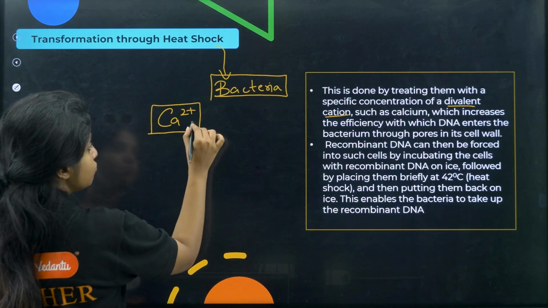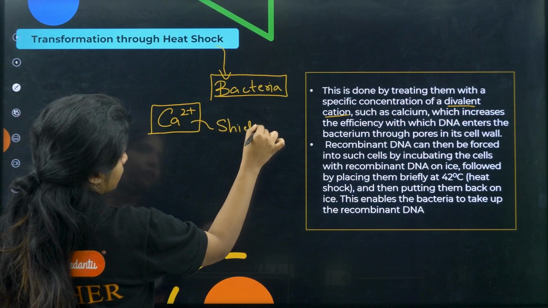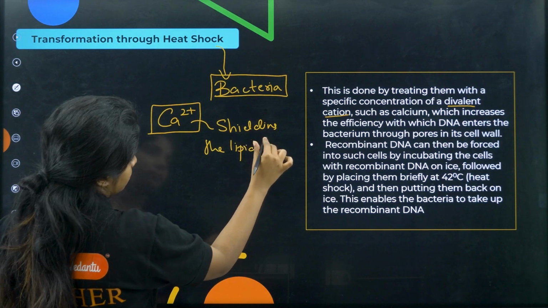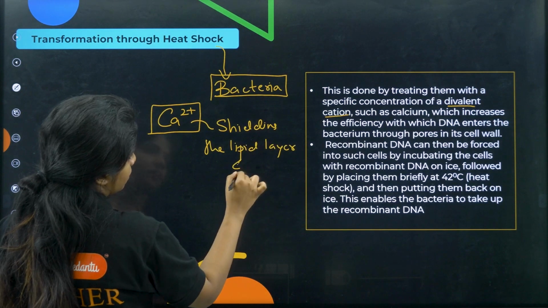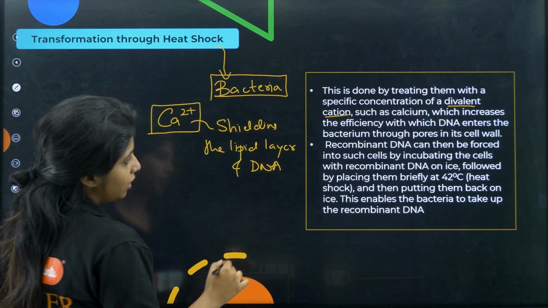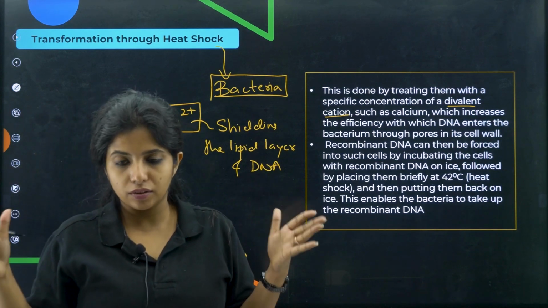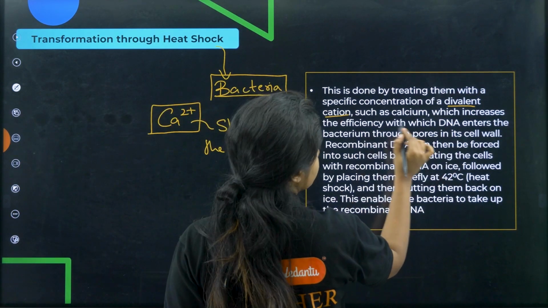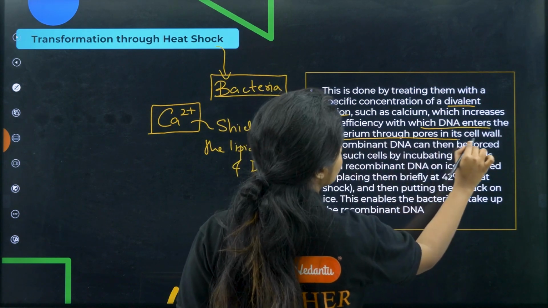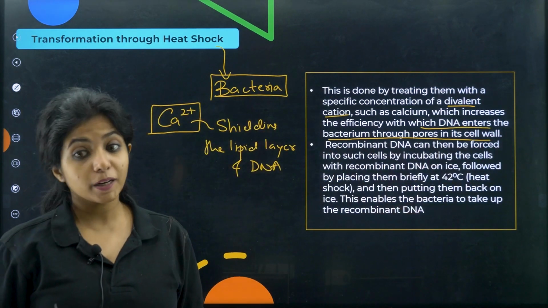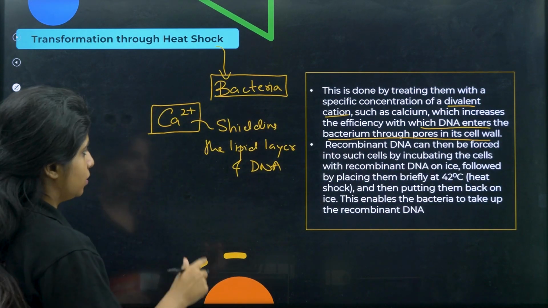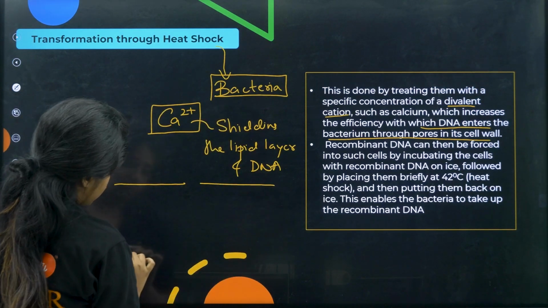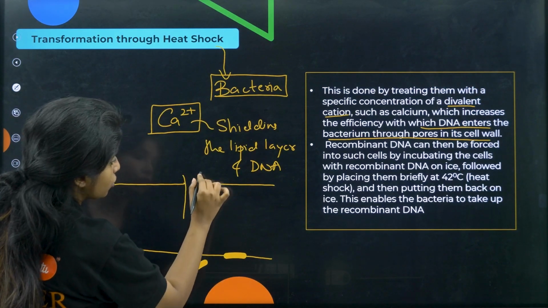Because I am shielding the lipid layer and the DNA. Both are shielded, so their negative charge won't be seen. Now they can easily pass through. This increases the efficiency with which DNA enters the bacterium through pores in its cell wall. So this makes it really easy for the DNA to get in through the pores of the cell wall.